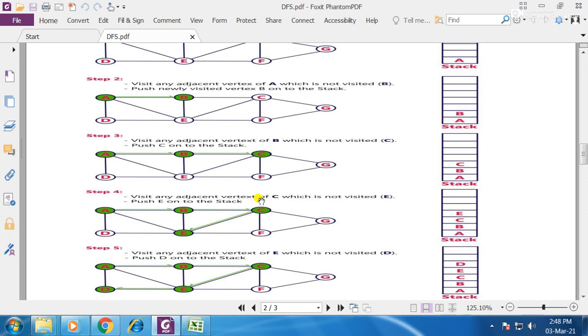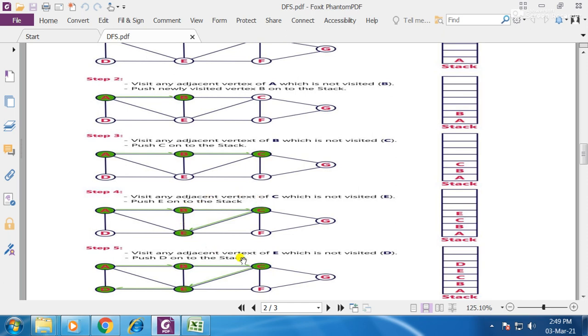So we have selected E, marked it as red and put it in the stack. In this way, the vertices in the stack are A, B, C and E. Now adjacent to E, either we can take D or F.